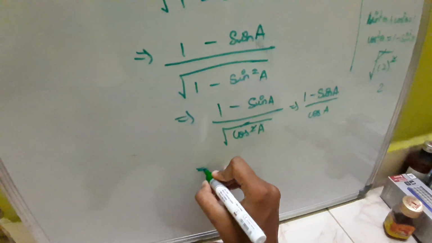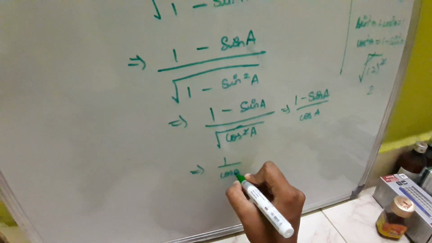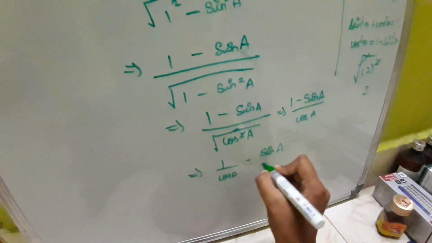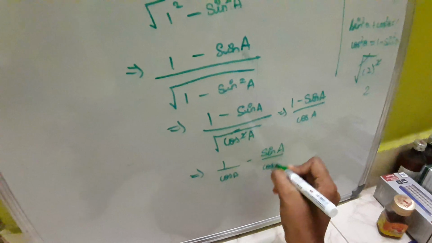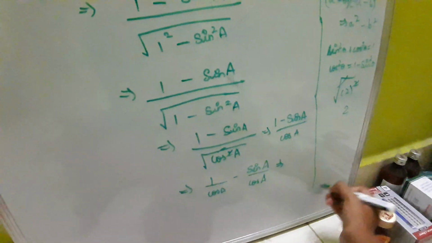I am just splitting and writing 1 by cos A minus sin A by cos A. Okay, now substituting the formulas.